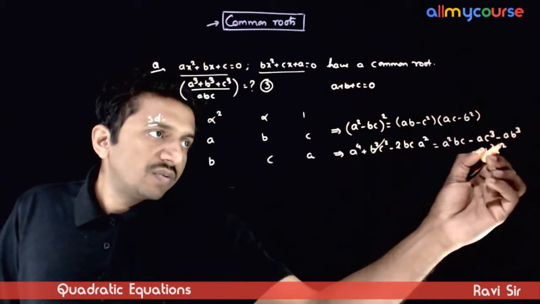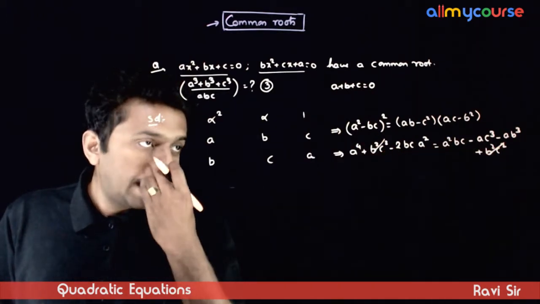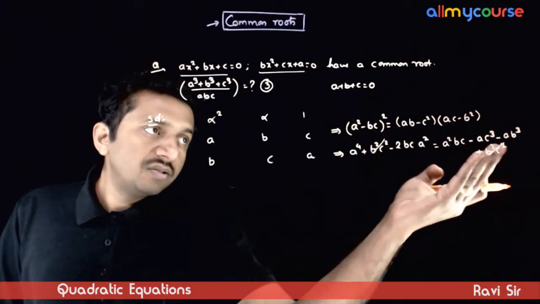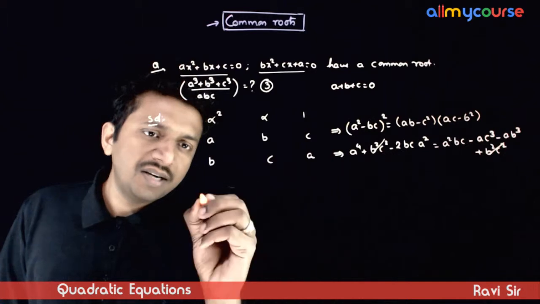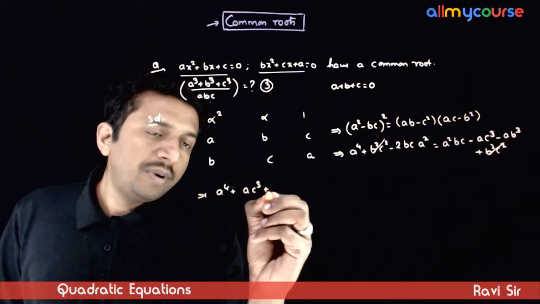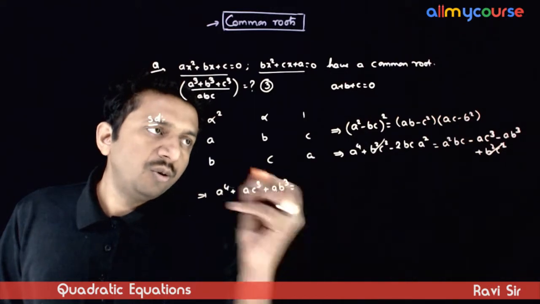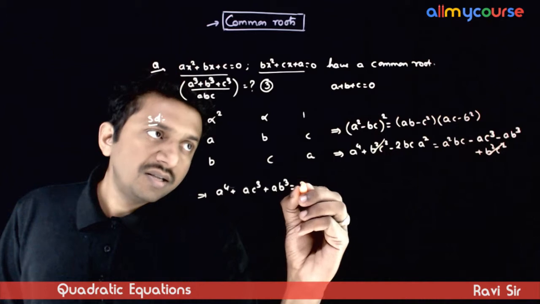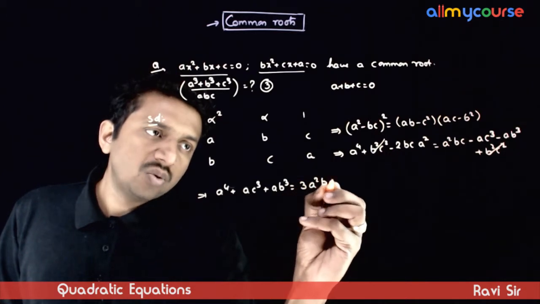So b square c square gets cancelled and you have an a square bc here and an a square bc here. If you bring all of them onto this side, a power 4 plus ac cube plus ab cube is equal to, so minus 2bc a square goes onto that side, so you get 3a square bc.